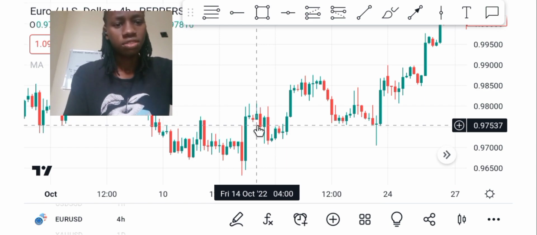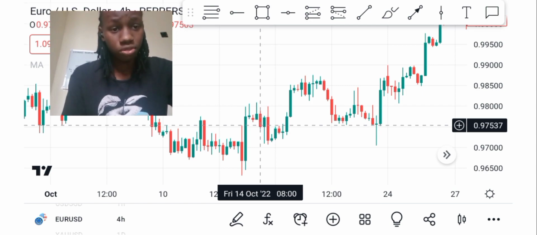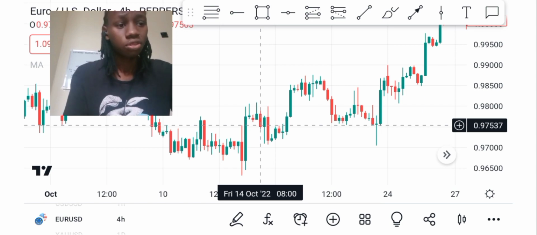For sellers, you get either a red candle or a black candle, depending on what platform you're using to trade. For me, I use TradingView. This is the best platform that I've been using for quite some time now. So now that depends on whichever platform you're going to use.